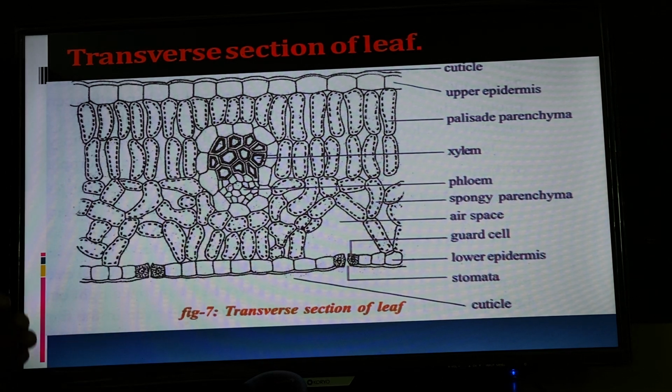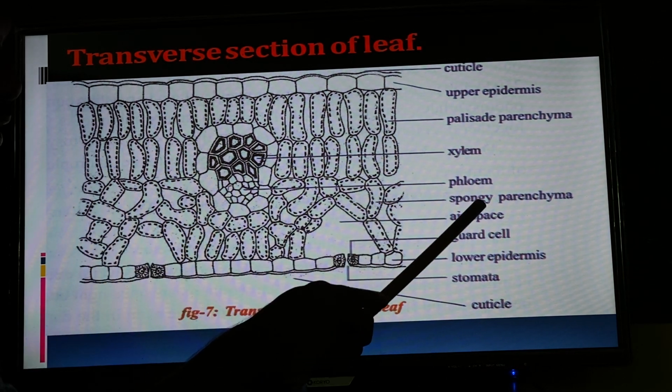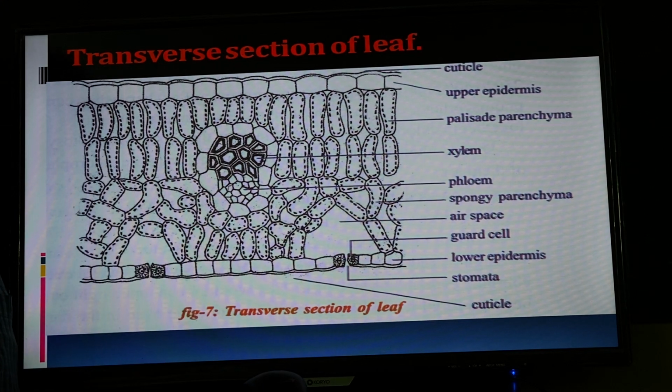What is the difference between palisade parenchyma and spongy parenchyma? I will ask one question. Already you have all observed leaves in your surroundings. In a leaf, which part is thicker and which part is lighter in color?